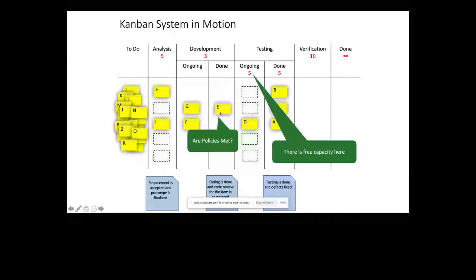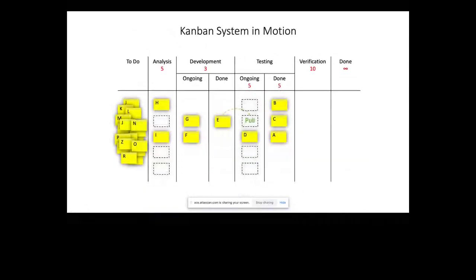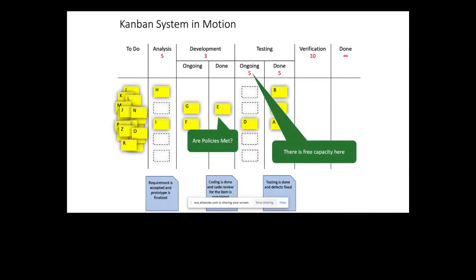If both criteria are satisfied, testers will pull the work from development. Similarly, the developers will pull the work from analysis. It's not developers pushing work to testing, and it's not analysis pushing work to development. It's the other way around, based on these two main factors: is there free capacity, and are the policies met?